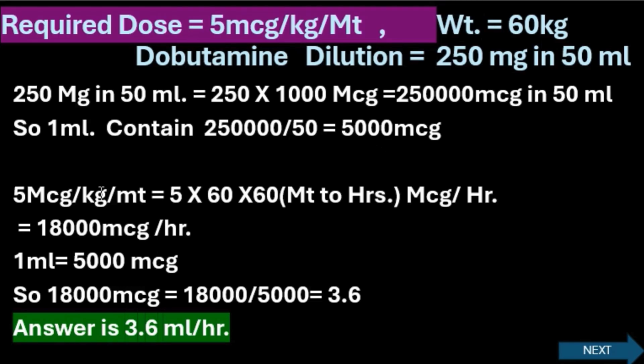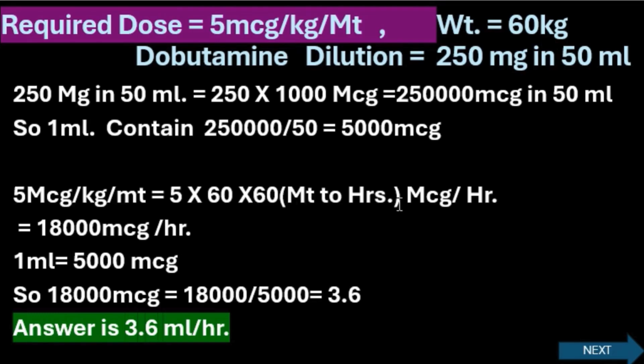But how many ml we need as per this rate in an hour? We will calculate 5 microgram per kg per minute. That is 5 into 60 kg, and minute to hour is 60, since 60 minutes is 1 hour, so this will be multiplied.